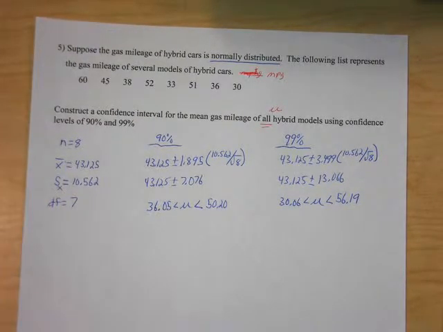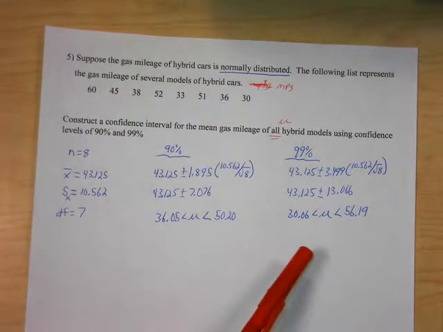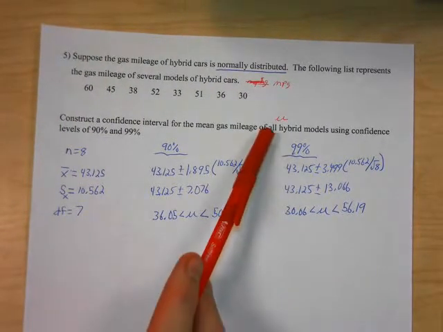But if we did that 100 times, we would expect 90% of them, 90 of those 100 intervals, to contain the actual population mean.